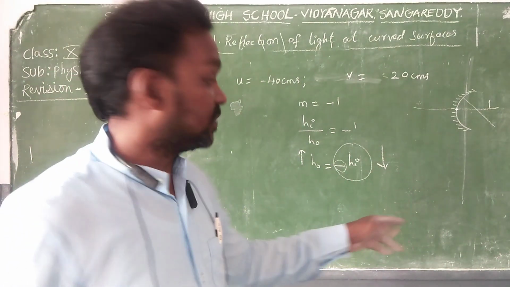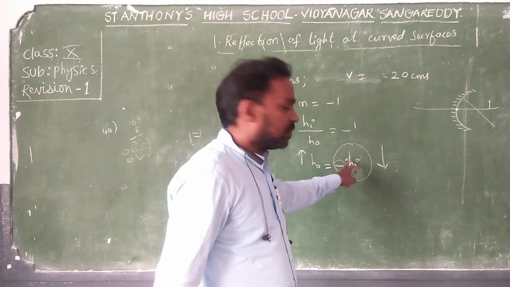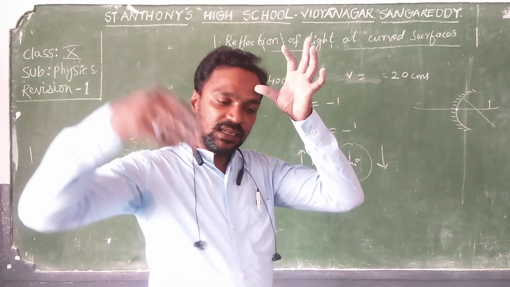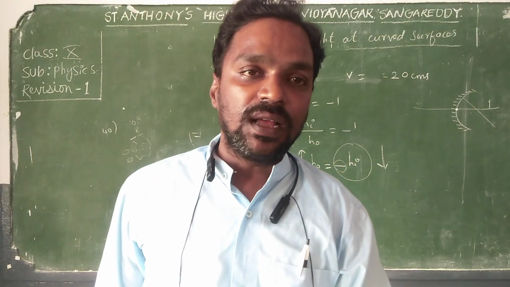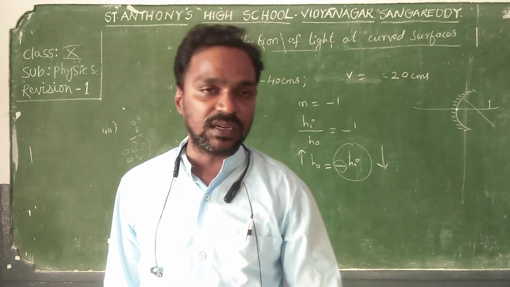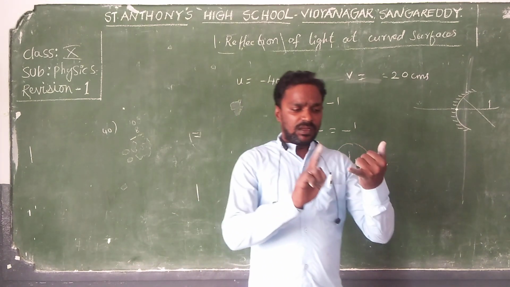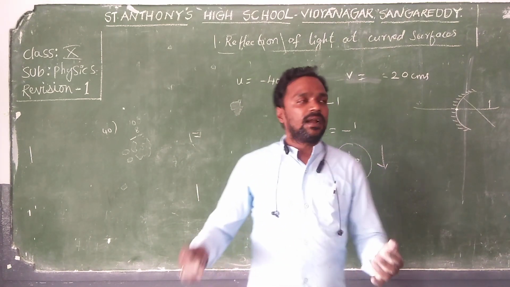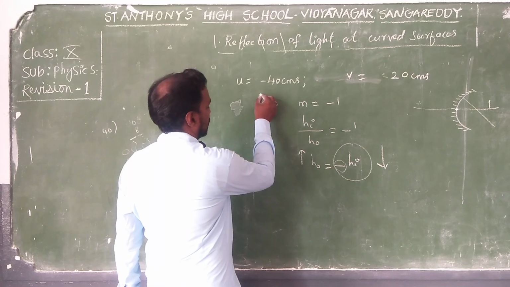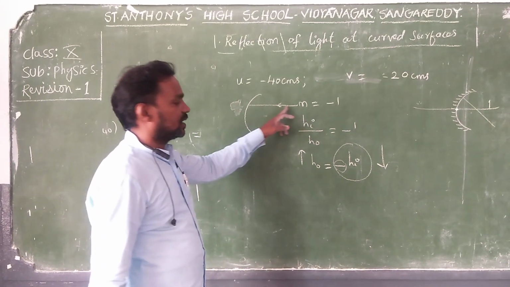Both are of the same size. See, the magnitude is 1 here, here also the magnitude is 1, but here it is -1. The -1 indicates downward to the principal axis. After calculating all this, we have the sign conventions. All the distances should be measured from the pole, and the direction of the incident light ray coming towards the concave mirror is taken as positive.